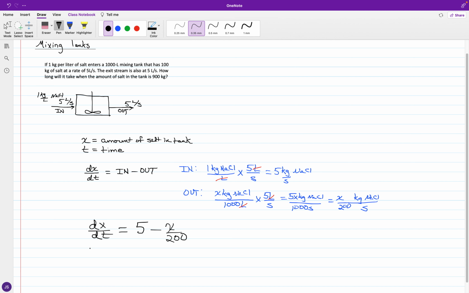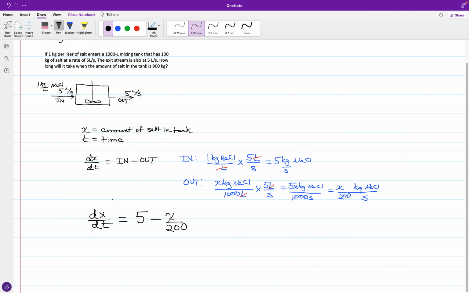With the tools at hand, I can set this up, creating the pathway whereupon I can set up an integrating factor. So we've got dx over dt plus x over 200 is equal to 5.